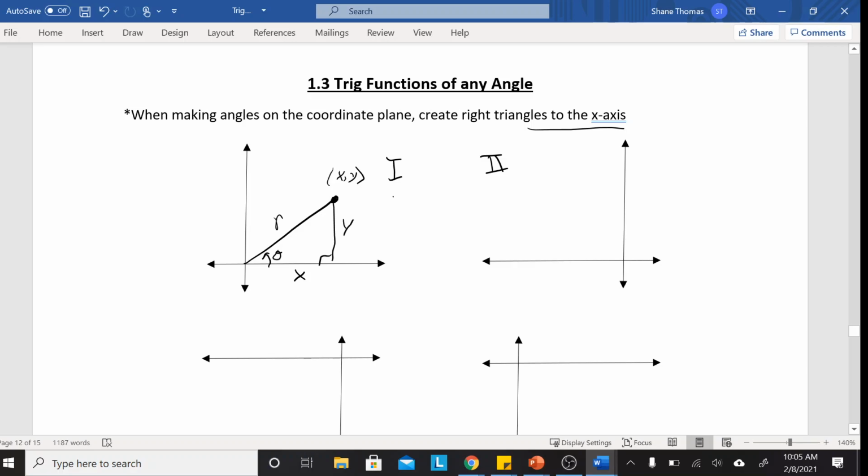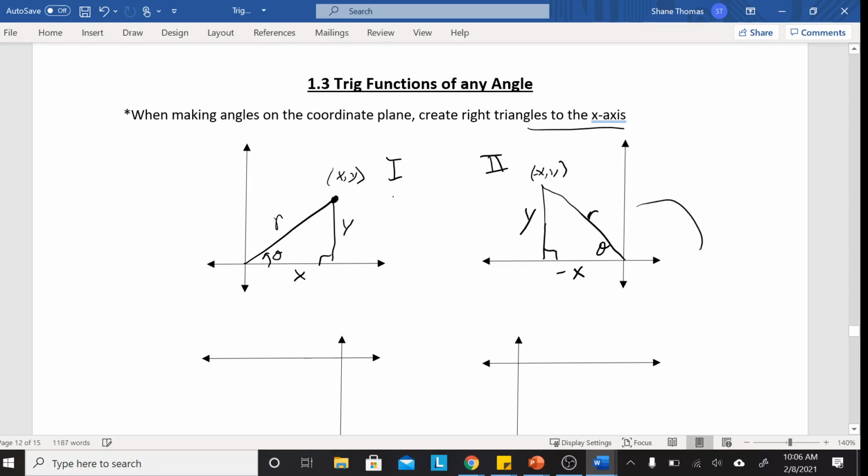About to go into quadrant two. All right, so I came around. Here would be my right triangle in quadrant two. Whatever this point xy would be, obviously x here would be negative. So this would be negative x. This would be a y. This would be my radius.